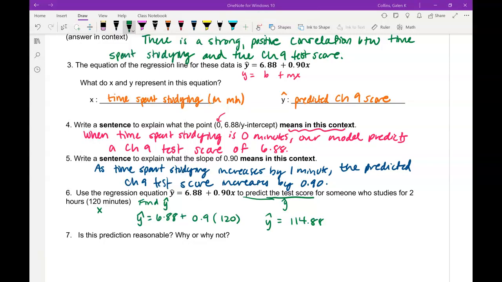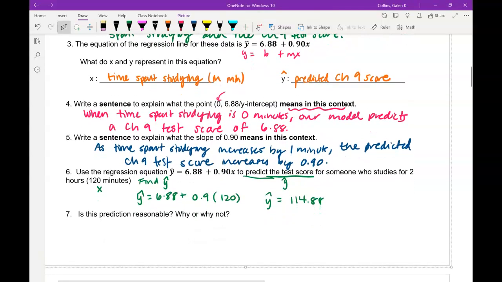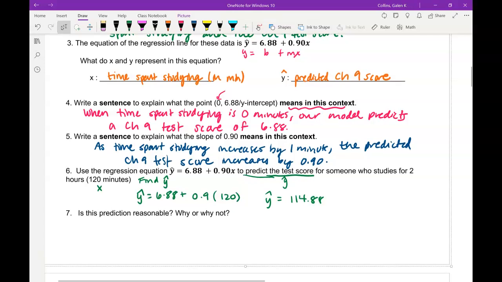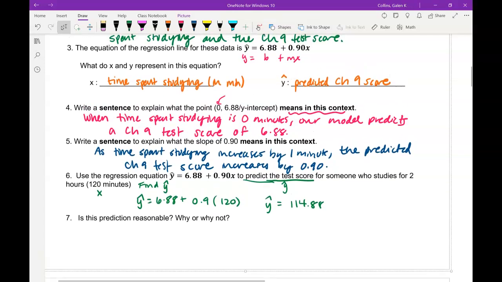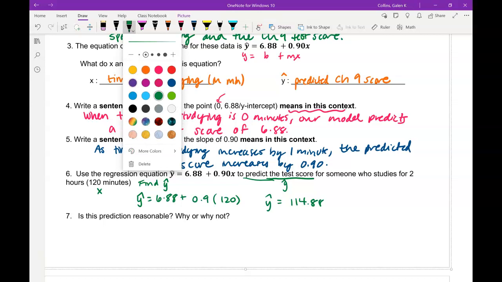Okay, in question 7, it asks if this prediction is reasonable, why or why not. I'll tell you why we're going to say no to this. But first of all, what we don't know is, are there any extra credit opportunities on this test? Or is it the kind of test where the maximum score you can get is 100?